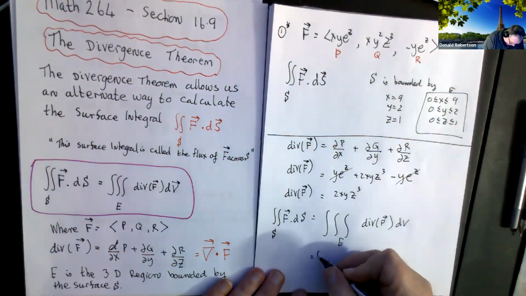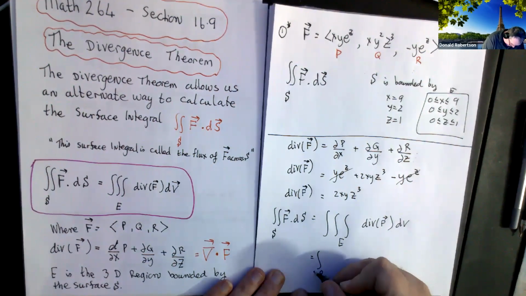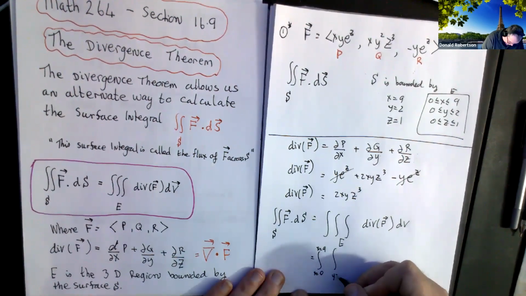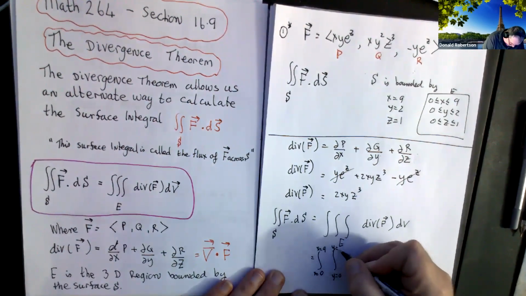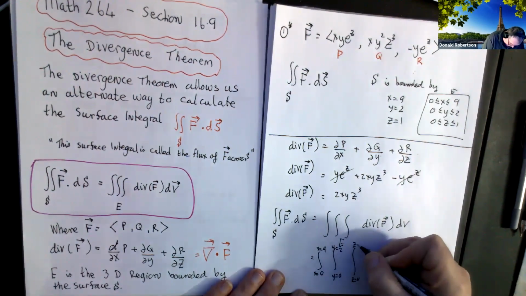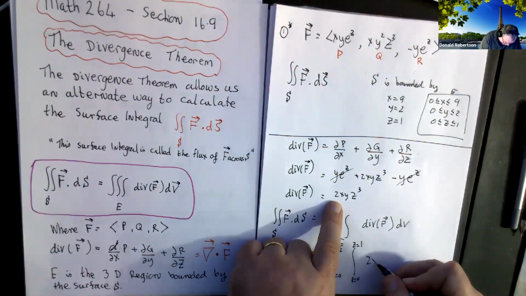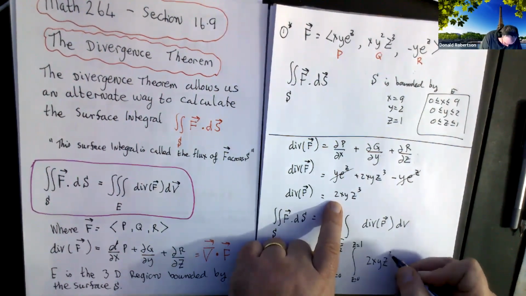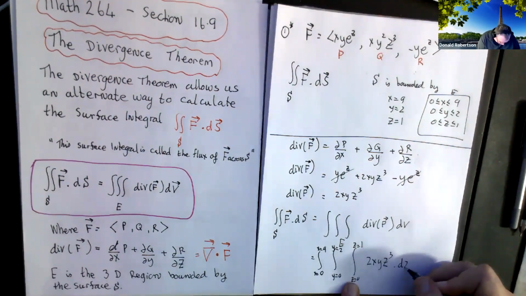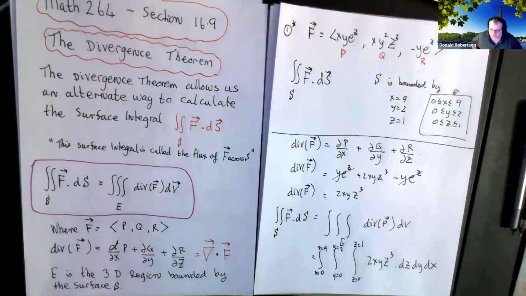So it's going to be the integral in no particular order from x equals 0 to x equals 9, from y equals 0 to y equals 2, and from z equals 0 to z equals 1, of the divergence, which is 2xy z cubed, and dV, because of the order I've decided to do them, is a dz, a dy, and a dx.